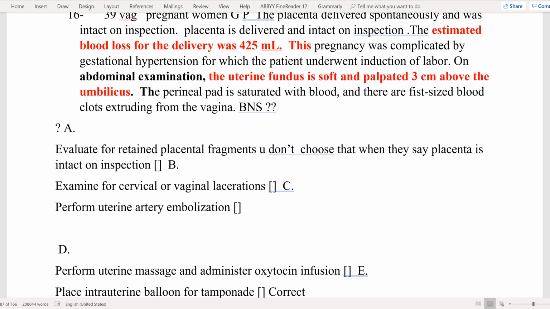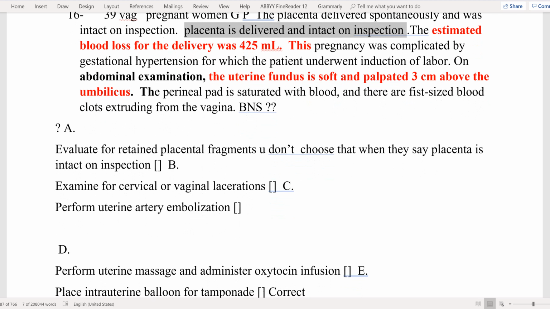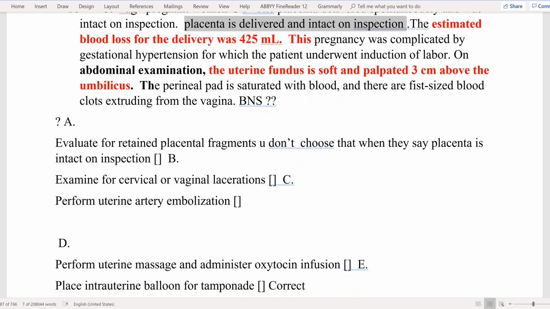So this patient had a postpartum hemorrhage, bleeding, placenta delivered and intact on inspection. Physical examination is normal, and the uterus is soft, palpated 3 cm above the umbilicus. So this is most likely due to uterine atony. Whenever you see postpartum hemorrhage, we start with the first line, which is uterine massage and oxytocin.